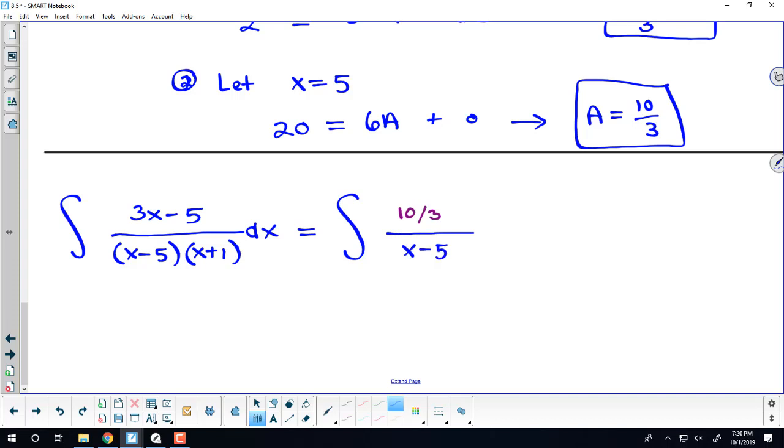So we had a over x minus 5, which was 10/3 over x minus 5, plus b over x plus 1. So the idea is now that those things are easy to integrate.